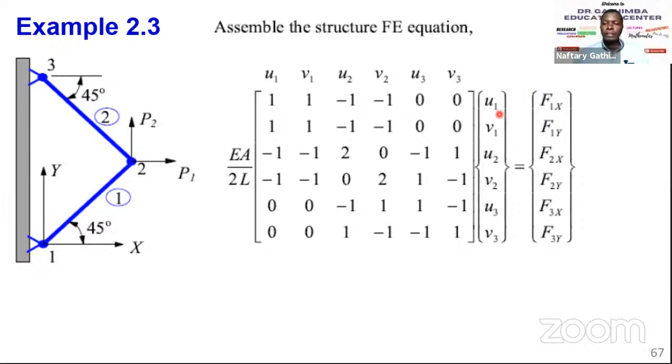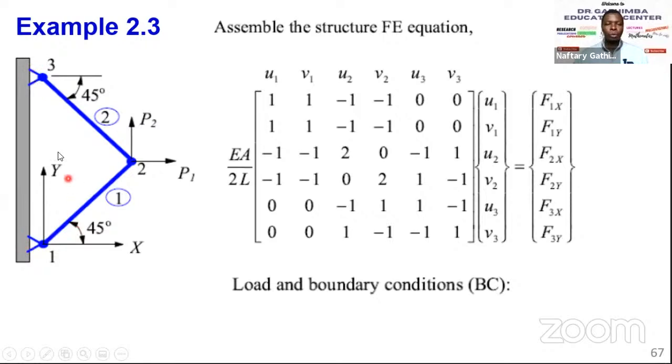Now to solve this, there's another stage. We have done the assembly. The step, I think, was step 6, which is the determination of nodal unknowns, nodal forces, reactions, like that. And to do that, we need to know the boundary conditions and the values of the unknowns. Like we are already given the forces at node 2. And because of this fixity here, you just look at the support condition.